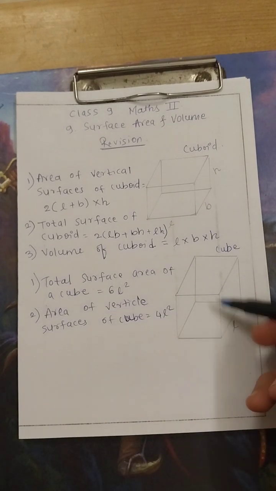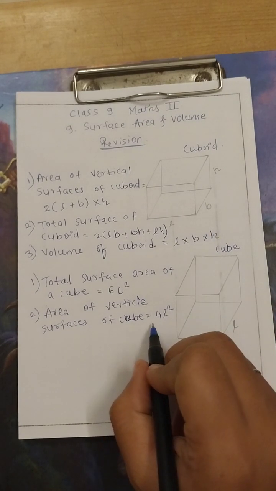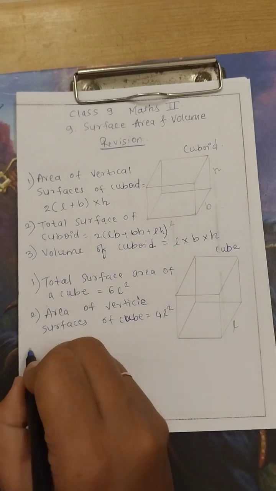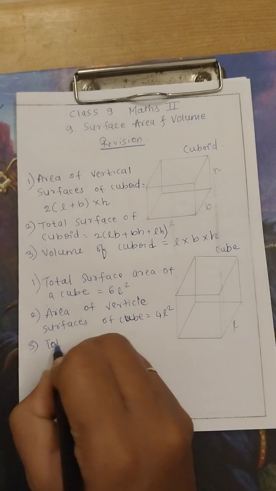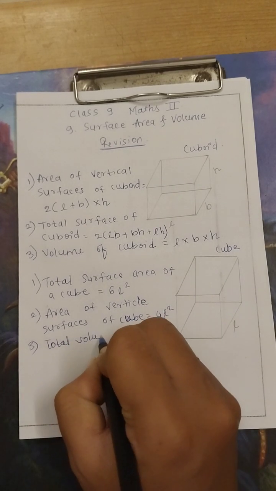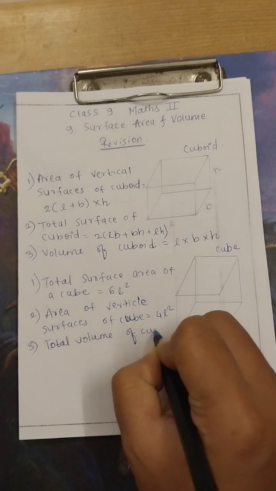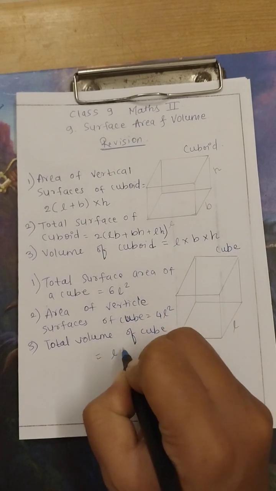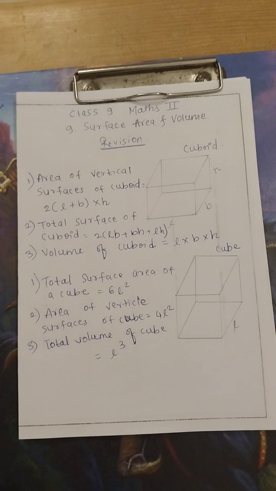There are four vertical surfaces and two horizontal surfaces like a cuboid. Therefore the formula is 4L square, and the volume of a cube is equal to L cube. So these are the formulas of cube.